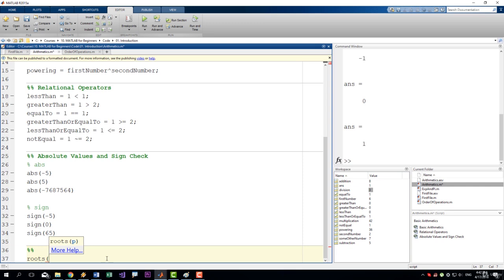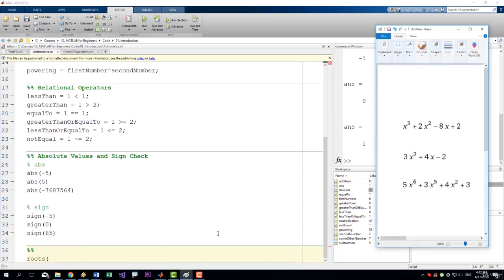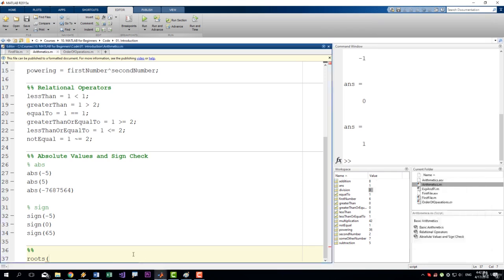For example, I have prepared several equations here that we can try. If I want to solve the first equation, this equation, I only need to supply its coefficients. If there is no coefficient, the coefficient is 1. So I need to supply 1, 2, minus 8, and 2. I need to do so inside the brackets.